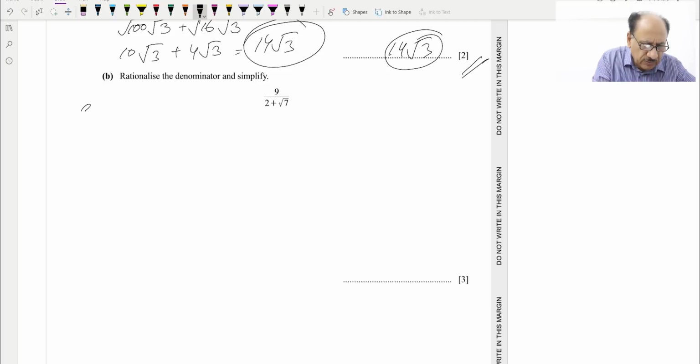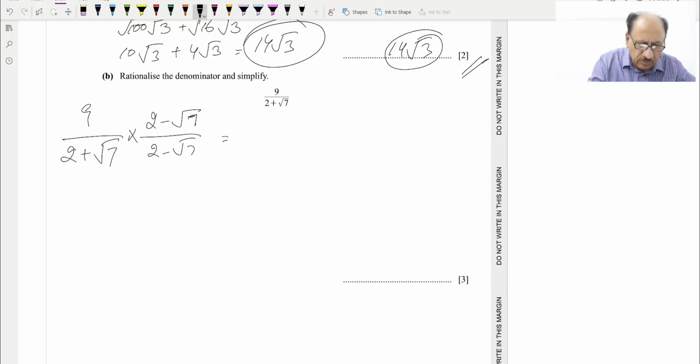Then B part, they are saying rationalize. In rationalizing, what we are doing is removing the square root from the denominator, so we multiply by the opposite sign and divide also by the same.